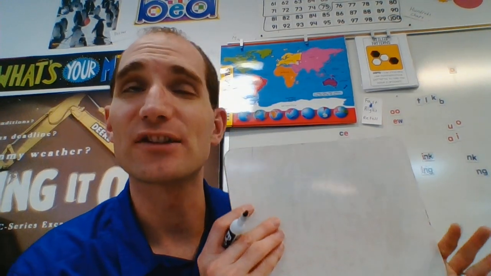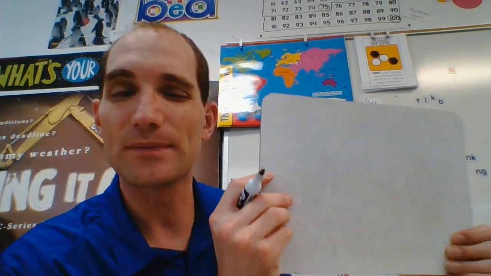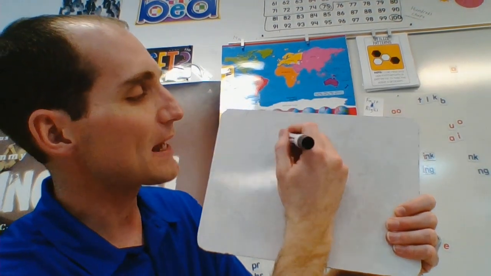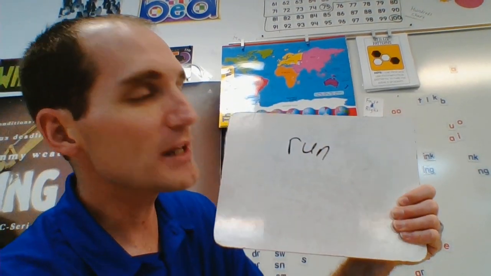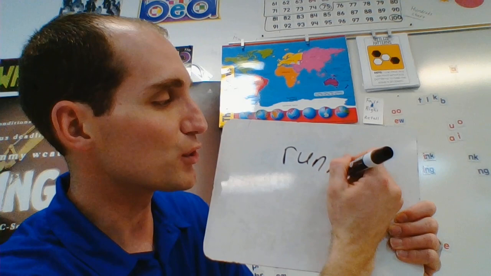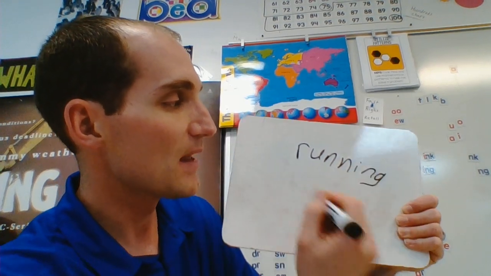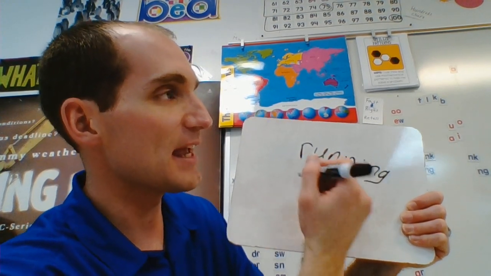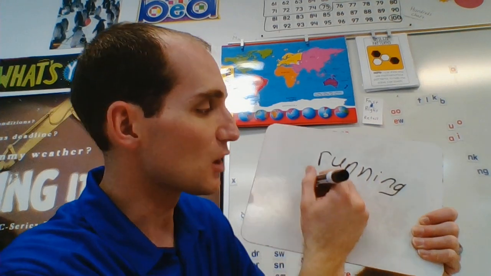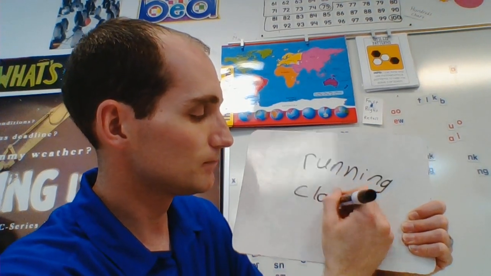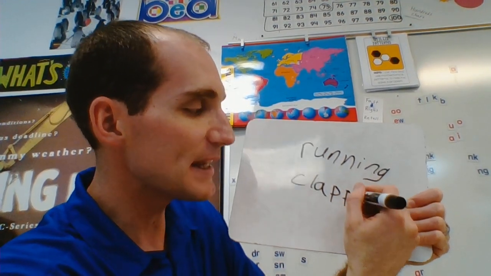All right. I think I may have explained that in a confusing way. Let me re-explain it a little bit better for you. Let's go back to the word run. If I want to say running, I have to put two N's. Running. If I want to say clap, I have to put two P's to do clapping.